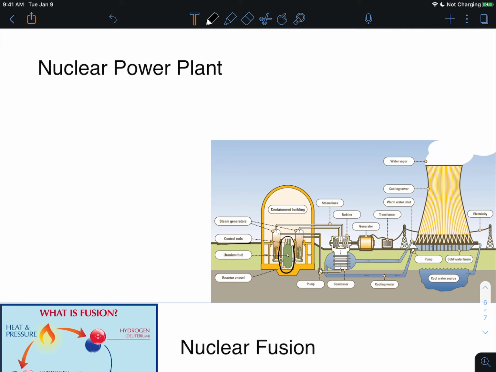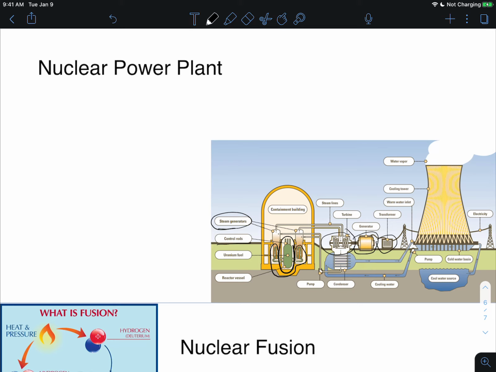And then there are steam generators that are touching the tubes right here. So we've got these tubes or pipes that have a lot of energy and they are heating up the water and generating steam. And then that steam is going through steam lines to a turbine, which is then powering a generator, which is then transformed and made into energy.